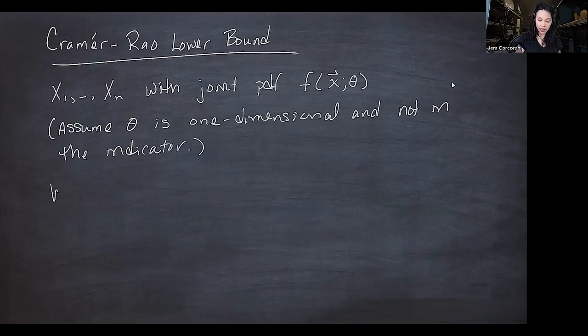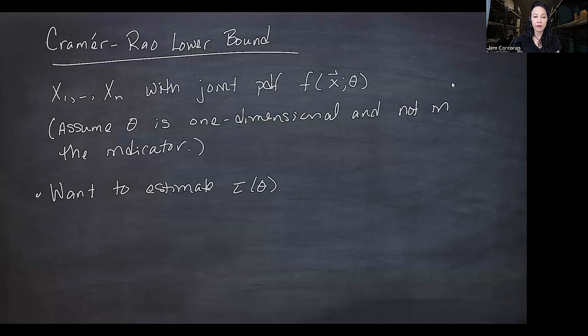So our goal is we want to estimate some function of theta, which could be theta itself. Want to estimate tau of theta. And we have some estimator, which usually we would call tau hat of theta. But that is going to be some kind of statistic, which is a function of the data.